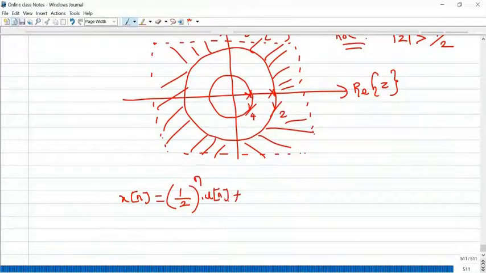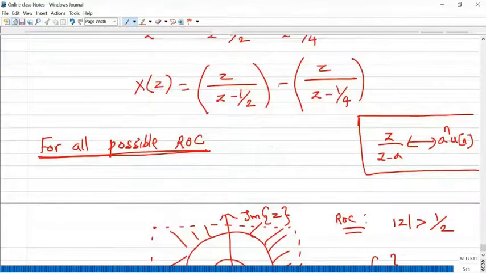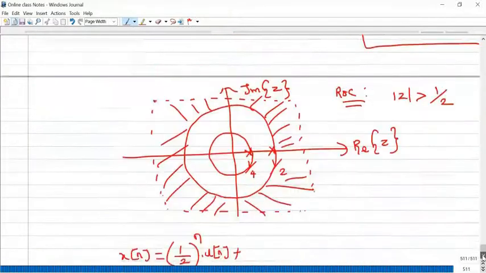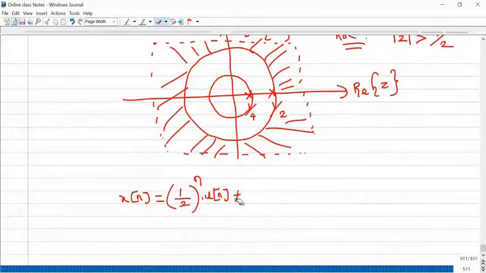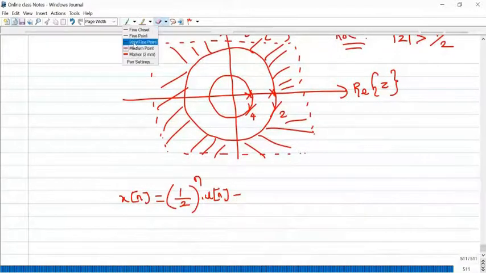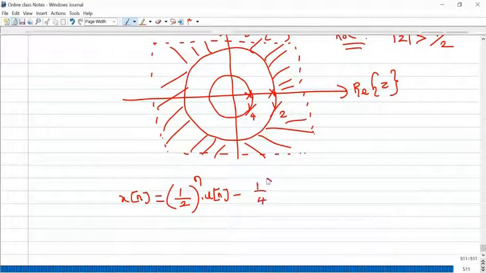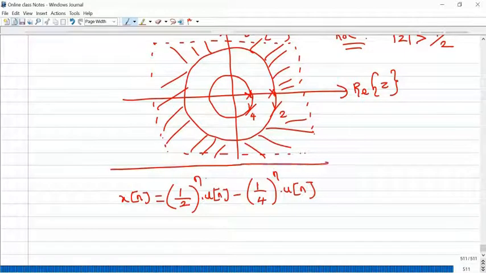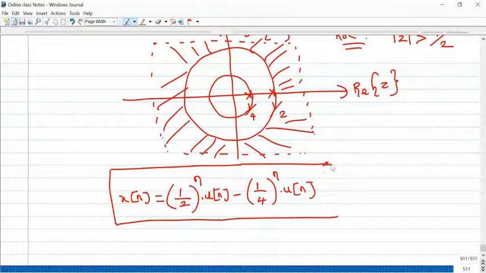Plus the second term, minus, okay, z divided by z minus 1 by 4, which gives 1 by 4 power n u of n. Okay. So this is your inverse z transform result when we assume the region of convergence is outside of the outermost pole.